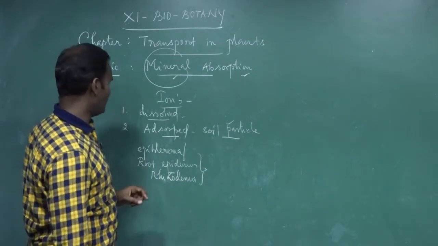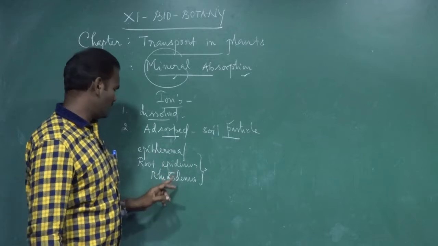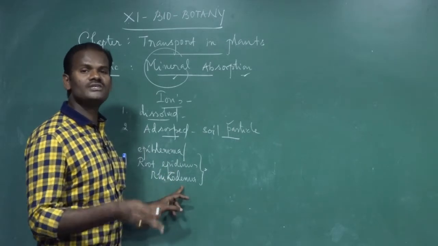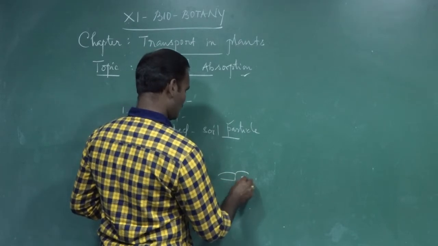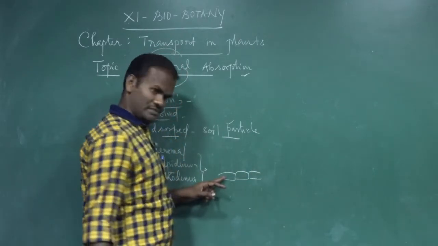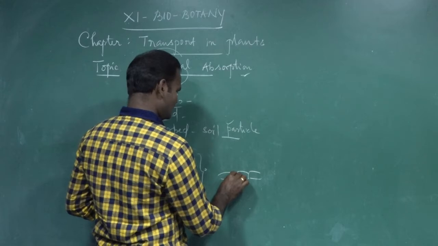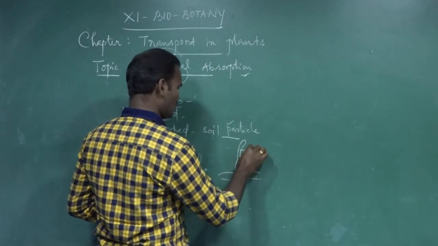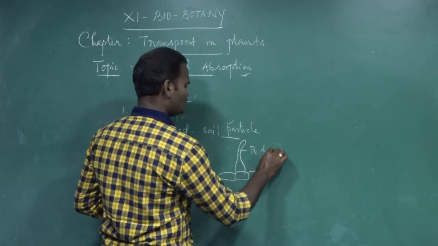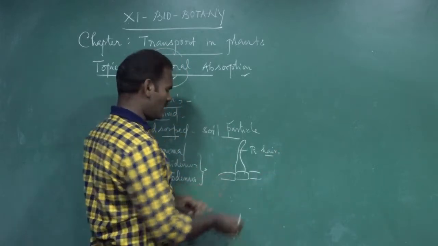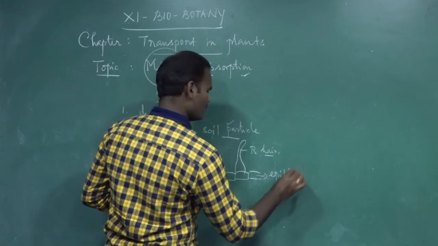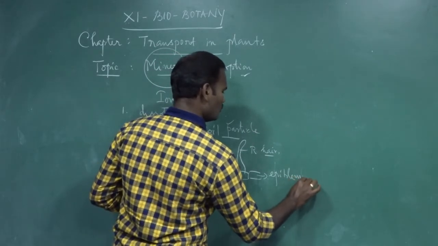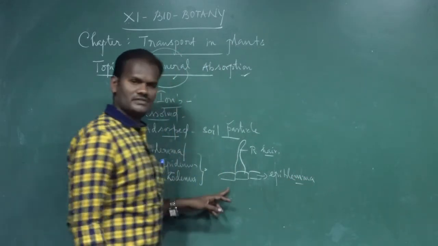What do you mean by epiblema, root epidermis or rhizodermis? It is the outermost covering of the root. See, it's a root. The outermost covering of the root is called rhizodermis. The extensions of the rhizodermis are called root hairs. Root hairs are mainly involved in absorption, along with this epiblema, which is also involved in the absorption function.